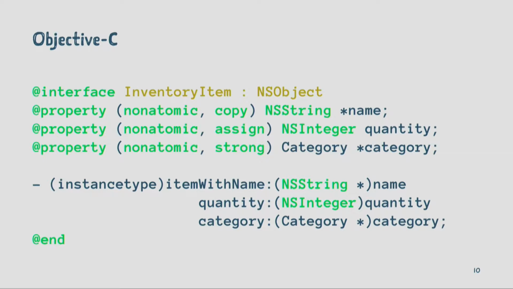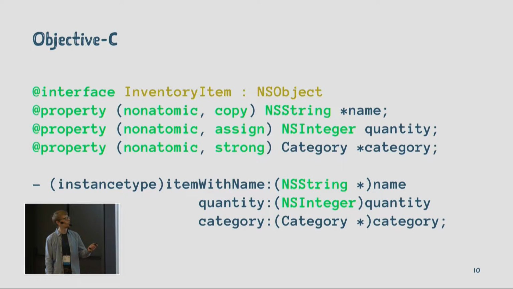So the next one is assign. There we can fall back on the built-in value semantics of atomic types as given in C, which we inherit from. And lastly we have strong for category, and we can just use strong here because we can rely on category being a value object itself again.